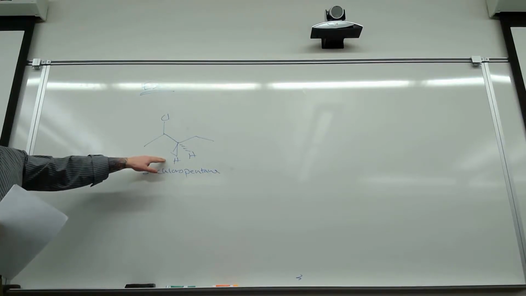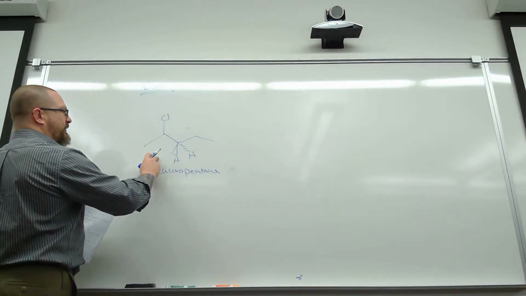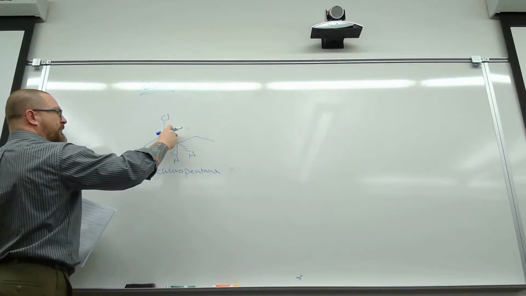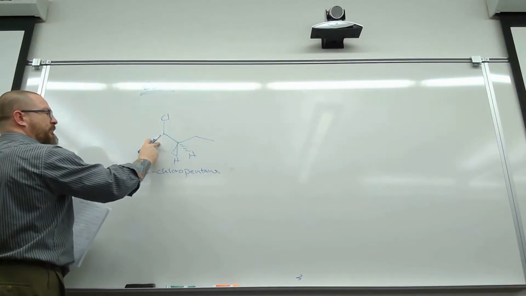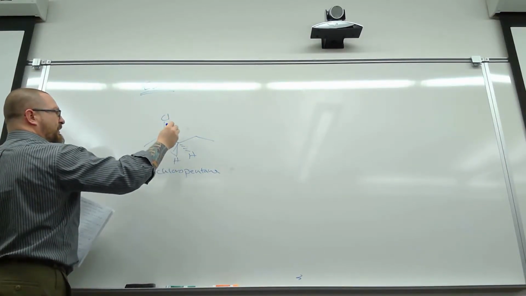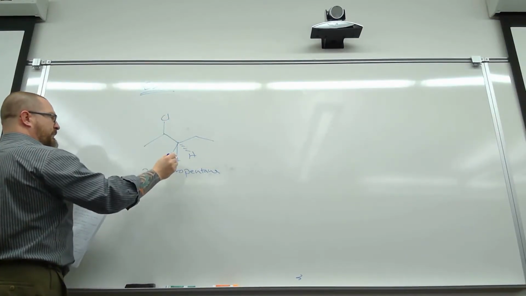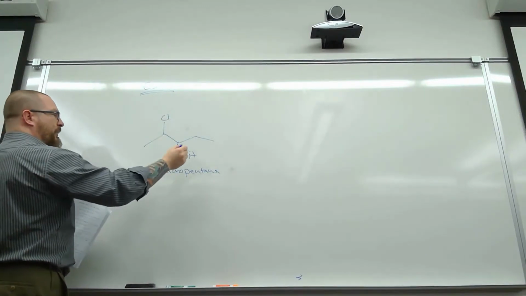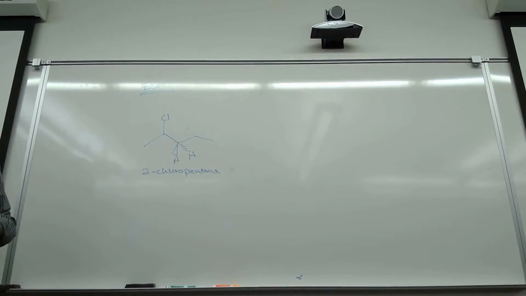And because we have 2 hydrogens, we're going to have 2 different opportunities. So we can do an elimination reaction, and it's going to favor regioselectively being between these 2 over here, because this is going to give you a more substituted product. But we can align these so that either we lose this hydrogen and this chlorine, or this hydrogen and this chlorine. And that's going to give us 2 different products.